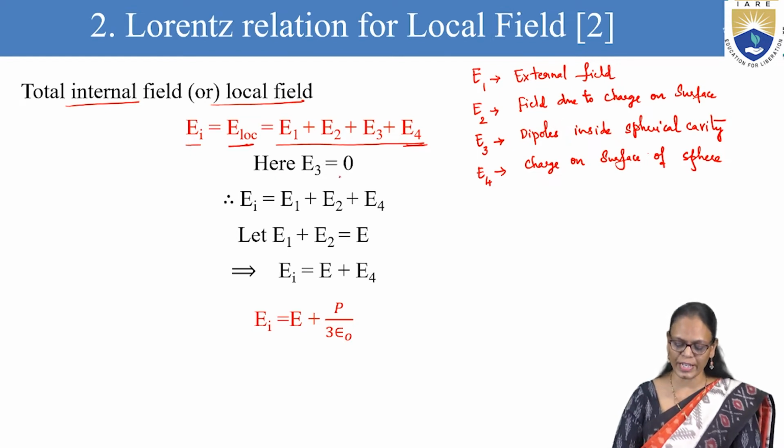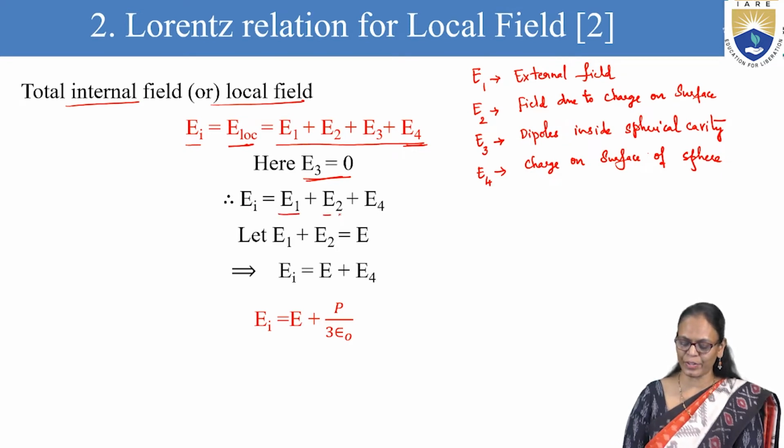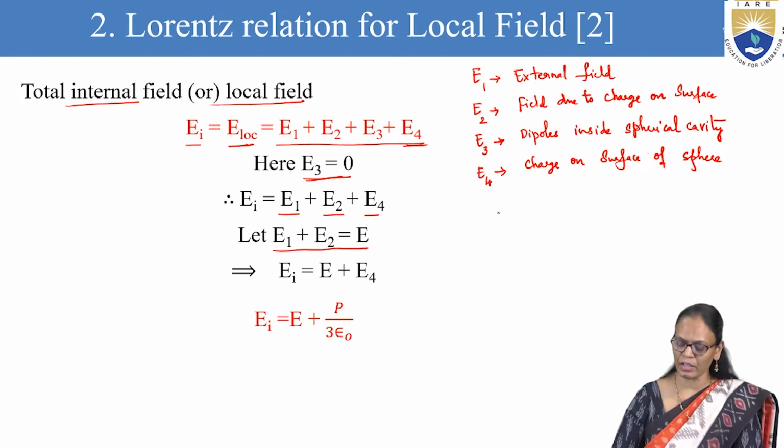Now generally E3 is equal to 0 because the dipoles are in random motion and they cancel out, and the net electric field is 0. E_i, the contribution will be from E1, E2 and E4. Now we have taken E1 plus E2 equal to E. Generally E1 is in this direction from positive to negative, and the induced field on the surface will be negative, positive, so it will be in the opposite direction.